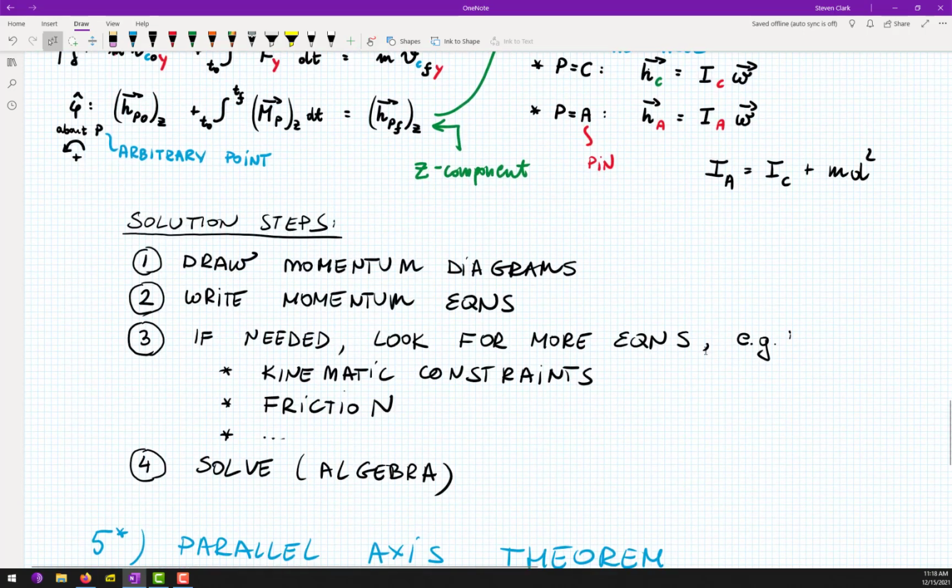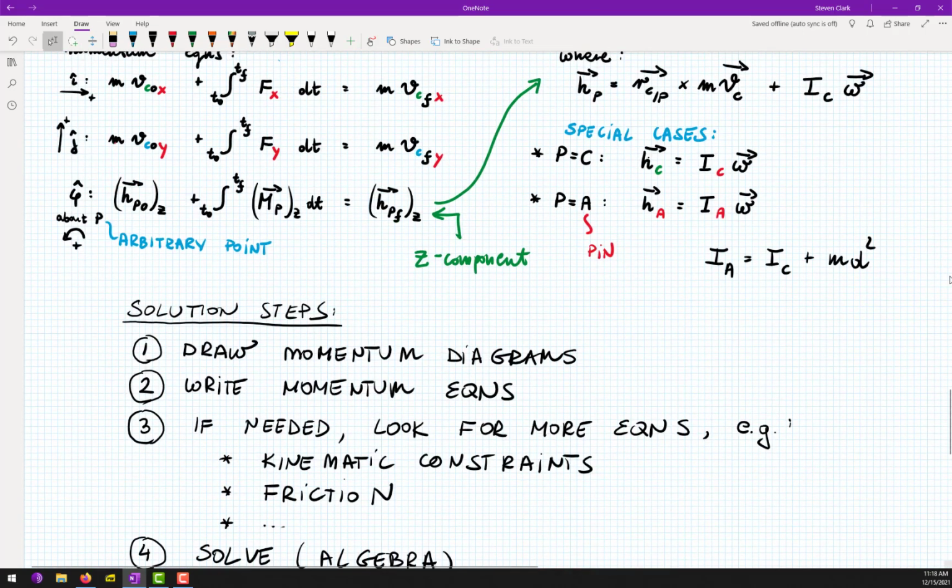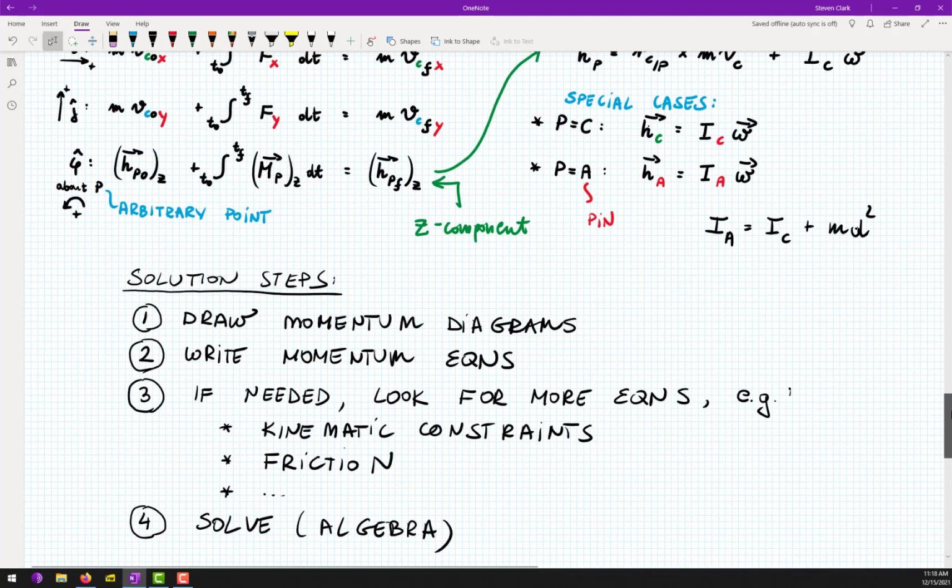Okay, solution steps when it comes to momentum methods. So I usually draw momentum diagrams. Then I write down momentum equations that correspond to my diagrams. Then if I end up with more unknowns than equations, I again look for some more equations.